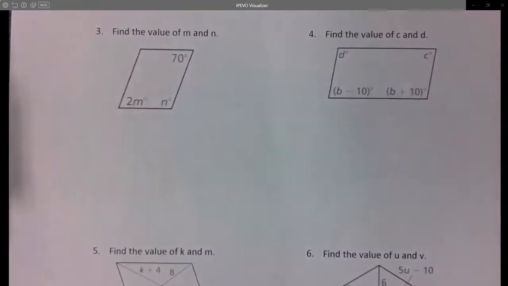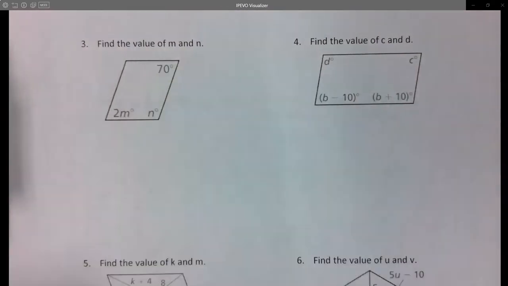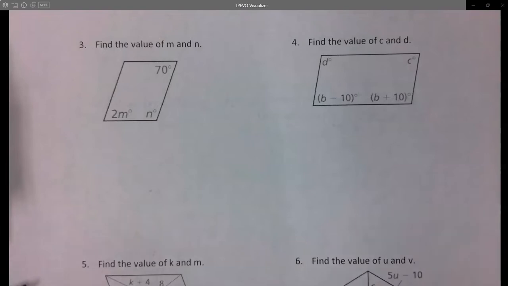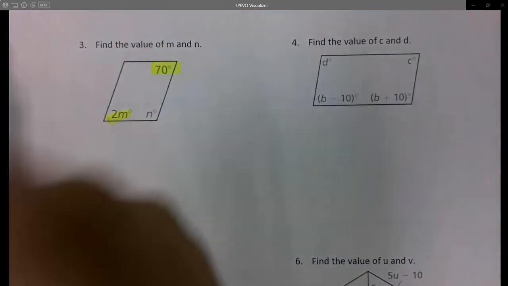So, looking at the ones on the back, it wants me to find, for number 3, the value of m and n. I know m is congruent to the 70 because they are opposite. So I'm going to do 2m equals 70.